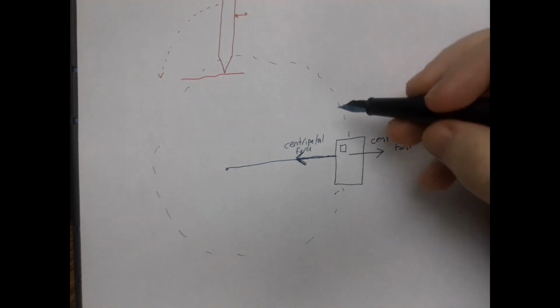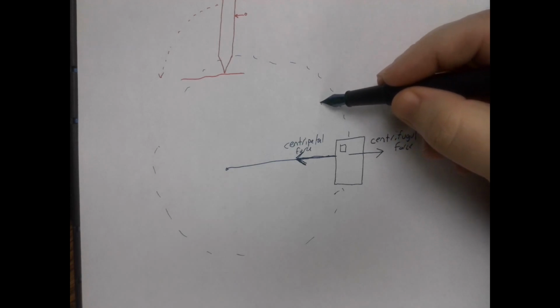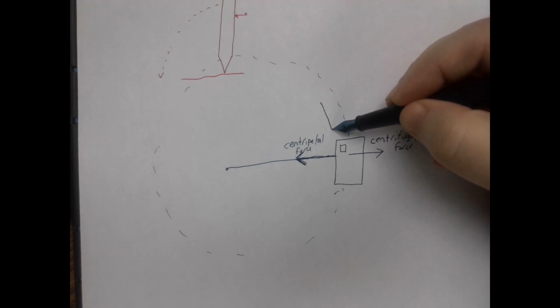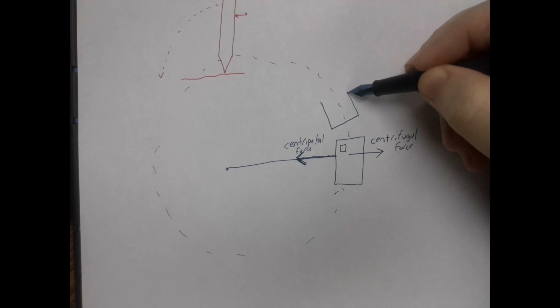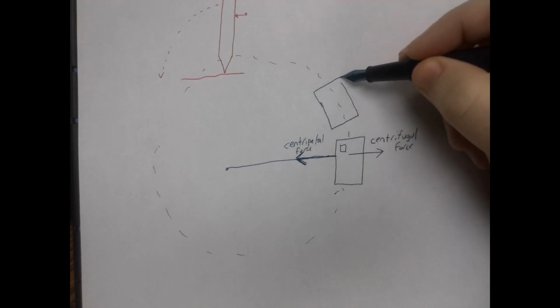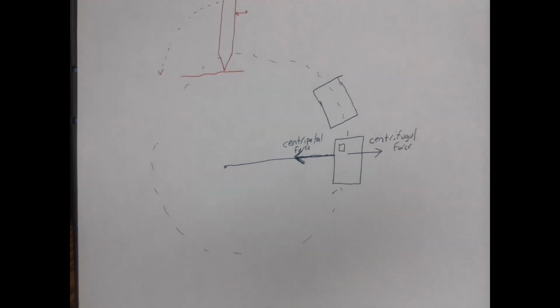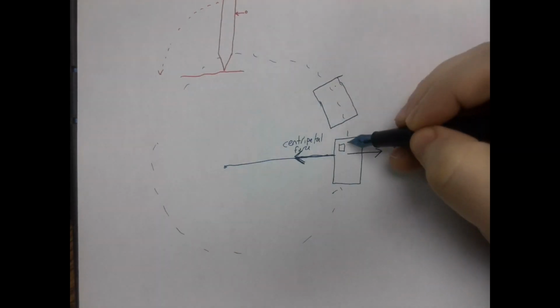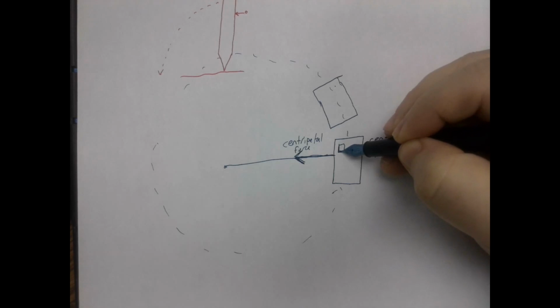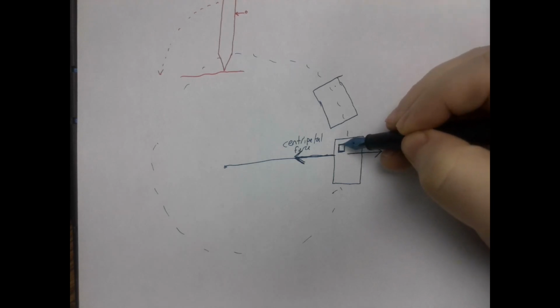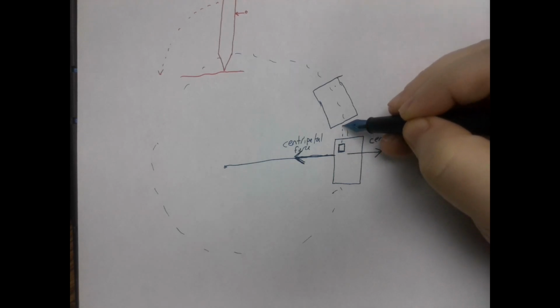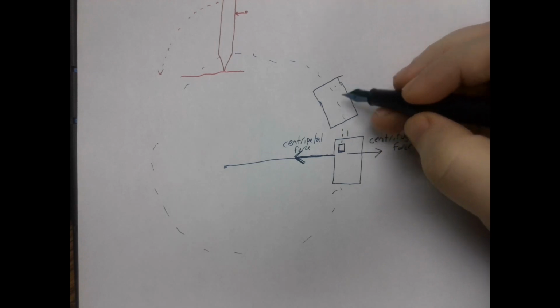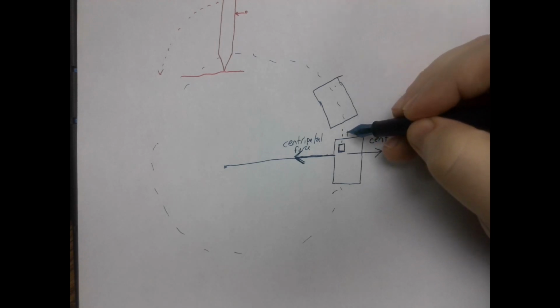Now, if I were to animate this, what really is happening is the can or car is making a circular path. If you aren't physically attached to the car, what happens is Newton's first law of motion: an object in motion tends to stay in motion, moving at a constant speed and direction.